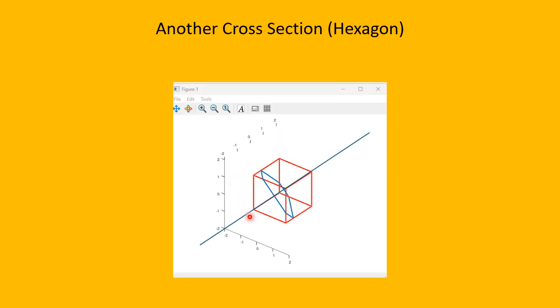If we increase the value of t so that we're looking at a point on this line L that is further along, going from left to right, and the plane perpendicular at that point intersects the cube, we could get a hexagon shown here. So that's a possibility too.